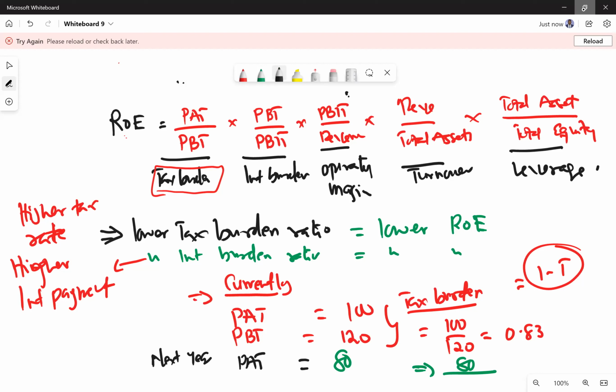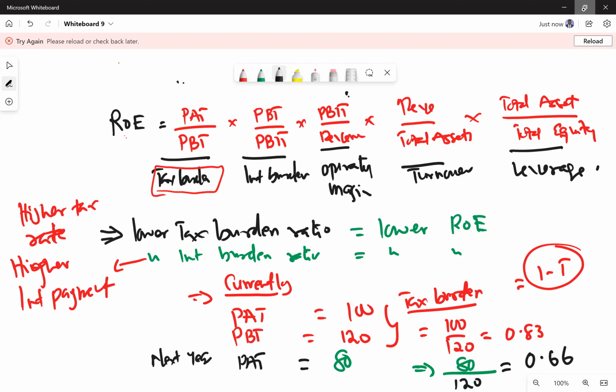What will happen? The ratio will reduce. 80 divided by 120 will give you 0.67, which means that you have paid higher tax.